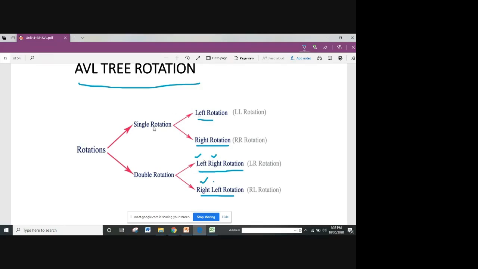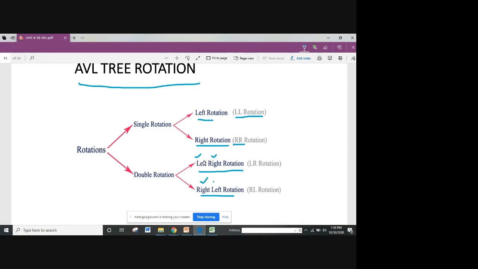How to find single and double rotation: first, when you insert on the left, after rotating left, if the tree is still not balanced, next you will be rotating to the opposite side. So it becomes a double rotation. You won't do left rotation two times continuously. If you do a single left rotation, it is called LL. A single right rotation is called RR.